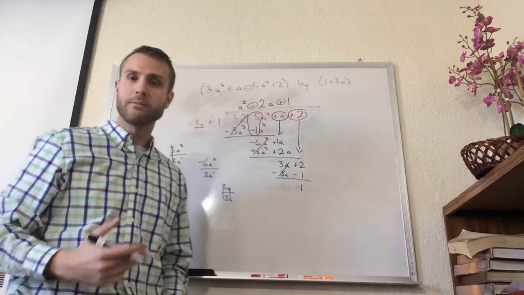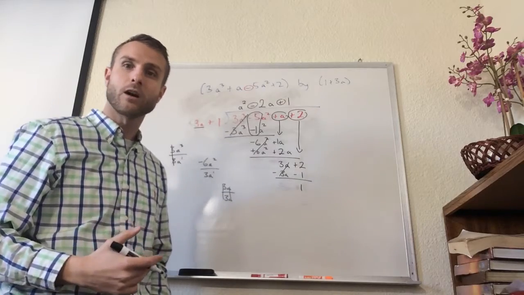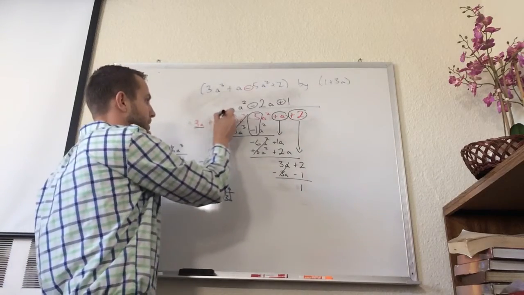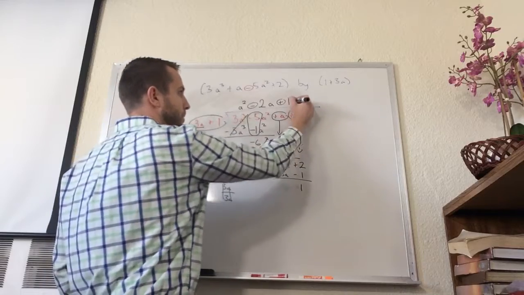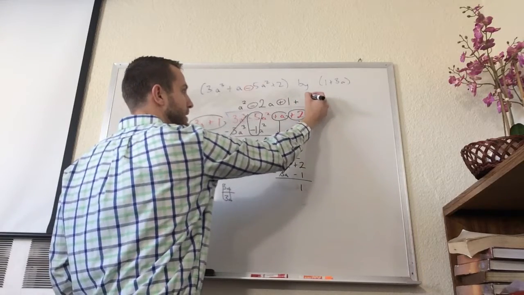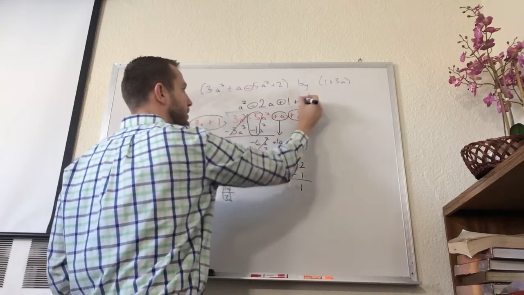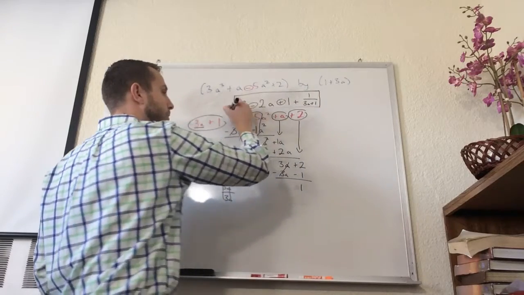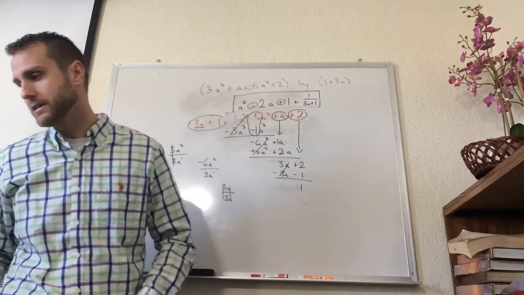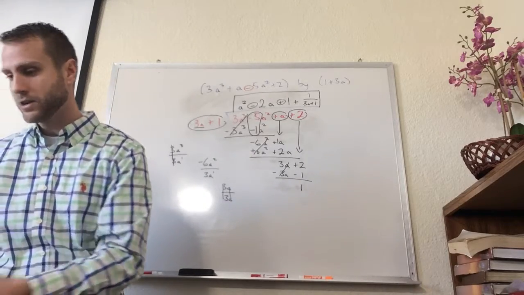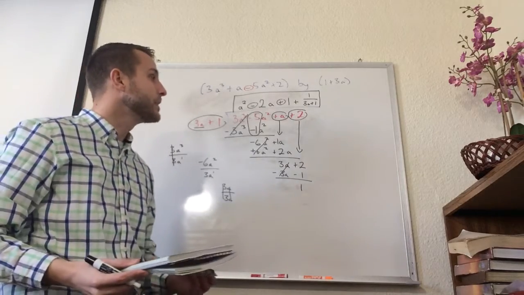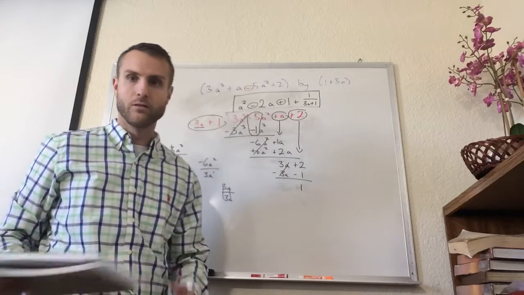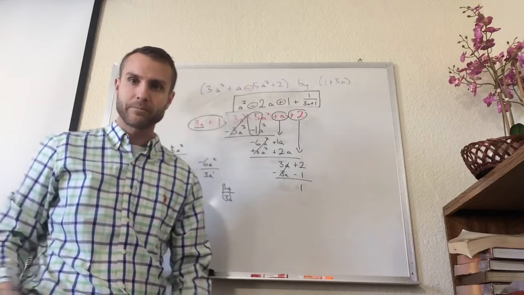Remember, when I'm left with a remainder, I have to put that remainder over the number that's on the outside. And remember, this is positive, so I'm going to put positive 1 over 3a plus 1. And this answer is the whole section on the top. That is your answer. So I finish up with a squared minus 2a plus 1 over 3a minus 1.